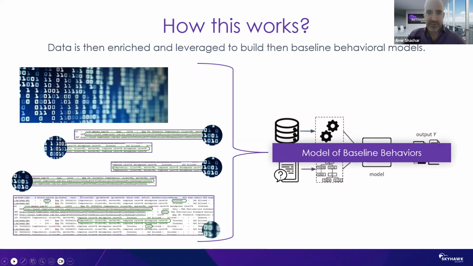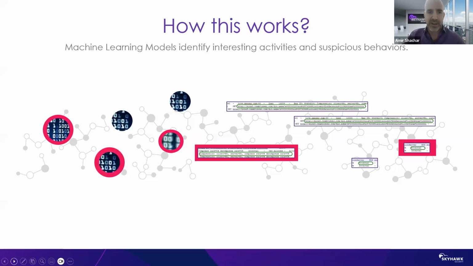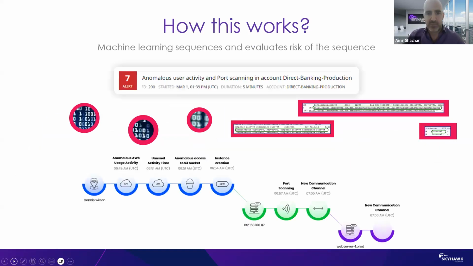And then, if we move to a visualization of what happens, we look into the data and extract these different MBIs from the data points, so we can see that, based on the logs that we gather, we have maybe a couple of MBIs. And then the next step would be correlating them via a sequence of events. So for example, here we see that there was an anomalous AWS usage activity followed by unusual activity time and so on. And then this sequence of events gets scored with another type of machine learning algorithm.